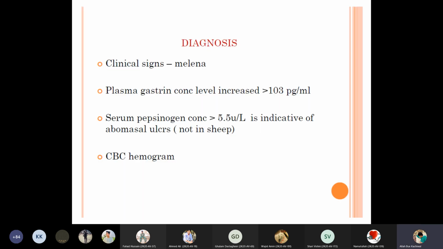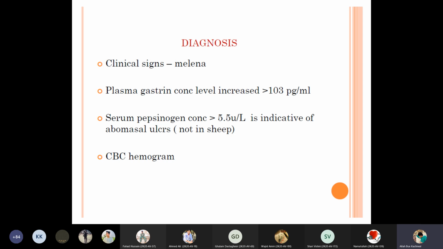Clinical signs, melena. Plasma gastrin concentration increased up to 100 pg per ml, whereas serum pepsinogen concentration increased to 5.5 units per liter is indicative of abomasal ulcers, not in sheep.